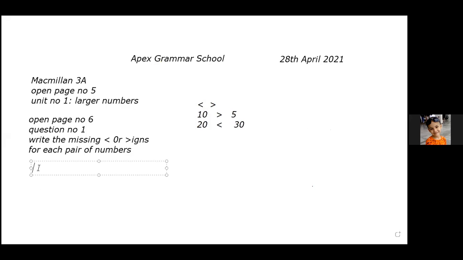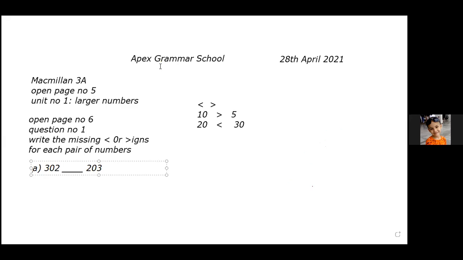The first part is A, that is 302, and they give a space to write our answer, and on the right side, 203.